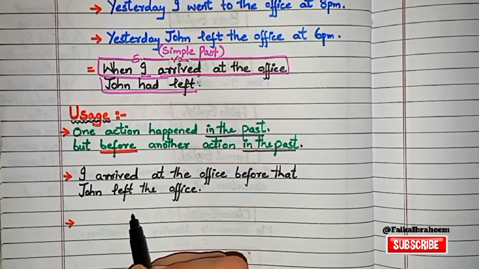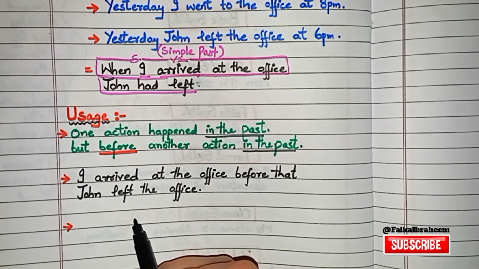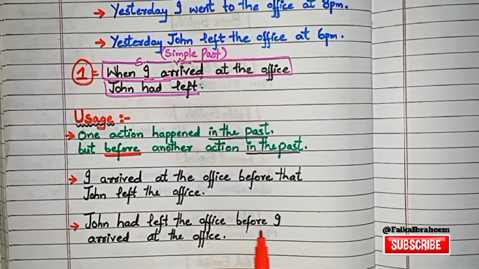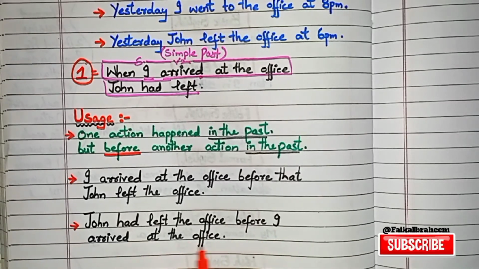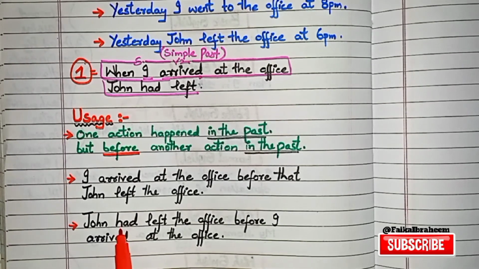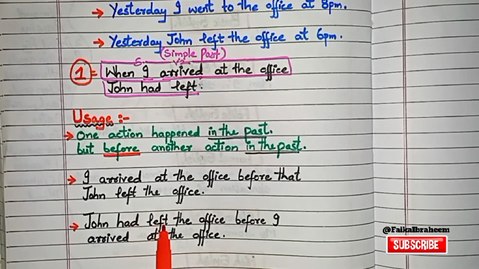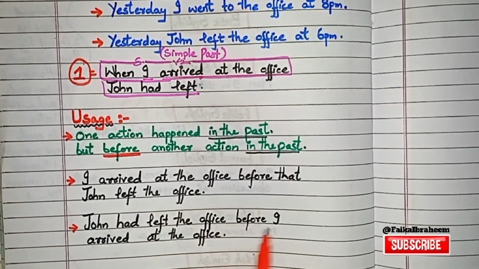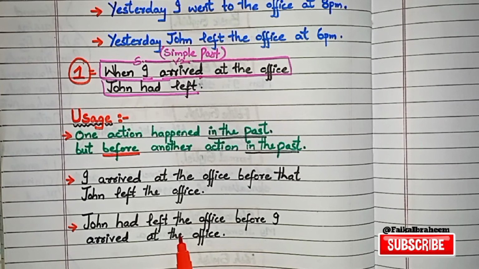Now, look at this sentence. John had left the office before I arrived at the office. We use past perfect tense to say that one event happened before another event in the past.